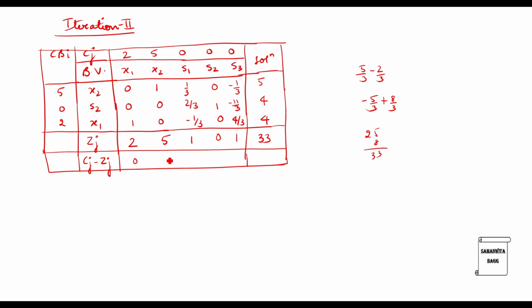So now let's find out Cj minus Zj. 0, 0, minus 1, 0, minus 1.